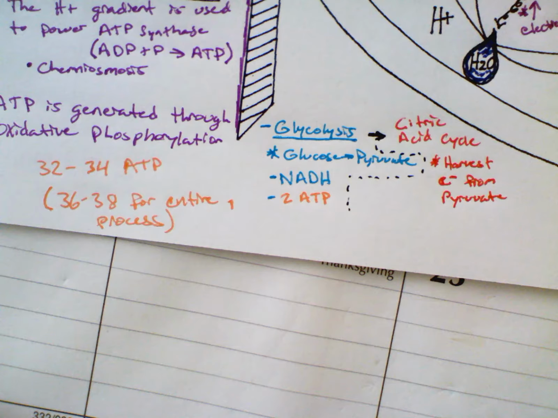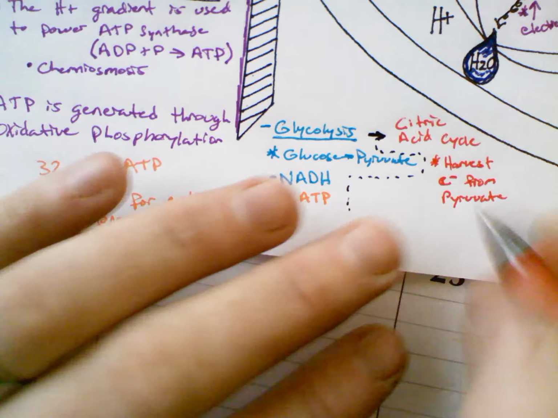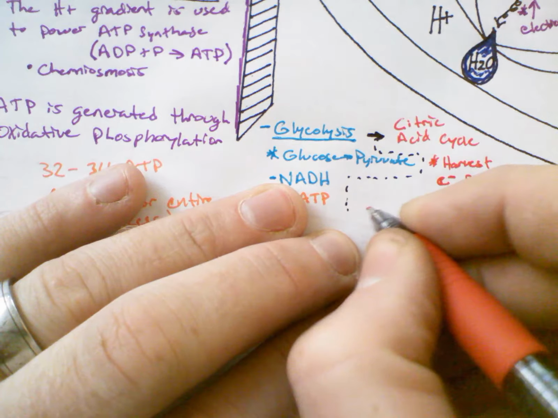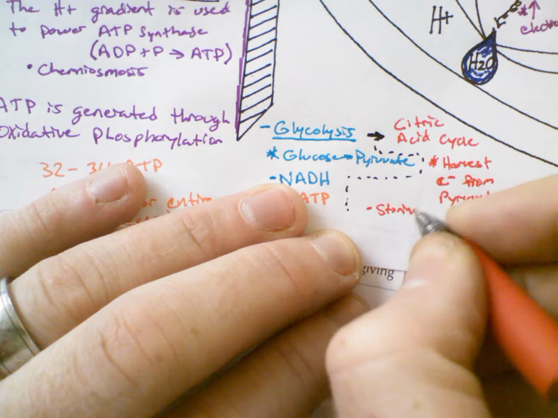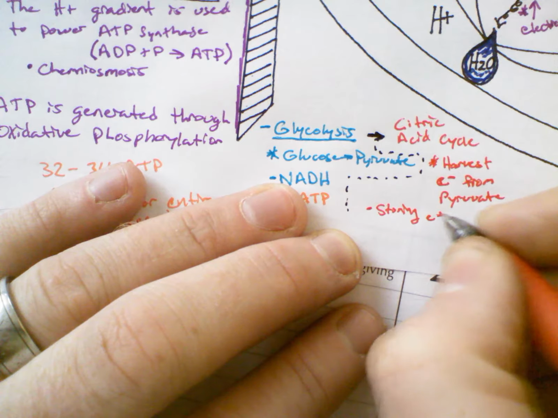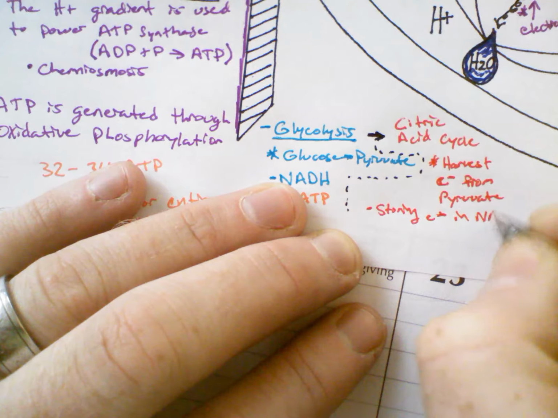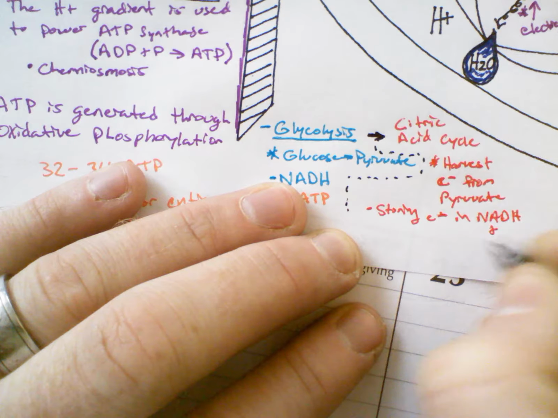Okay. Along the way, we end up making 2 ATP, but we do this through storing electrons in NADH and FADH2.